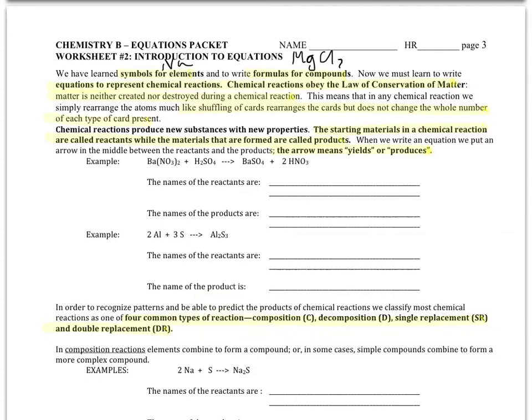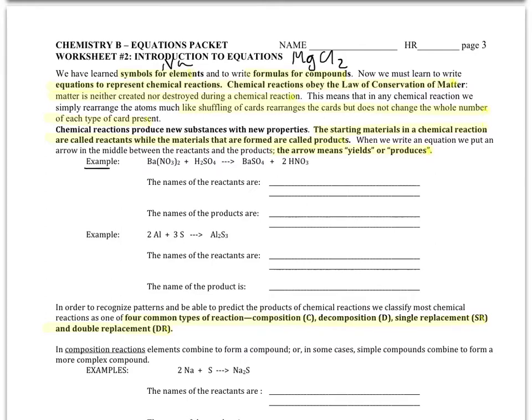So MgCl2, that's a formula that represents magnesium chloride. So now we are going to take this one step further, and we are going to write equations, chemical equations, that represent chemical reactions. So what happens when you combine multiple compounds?